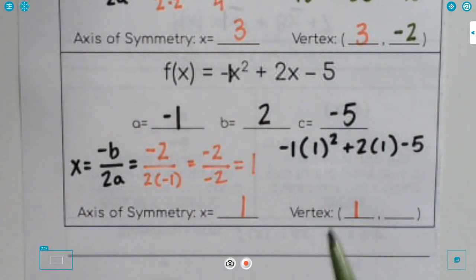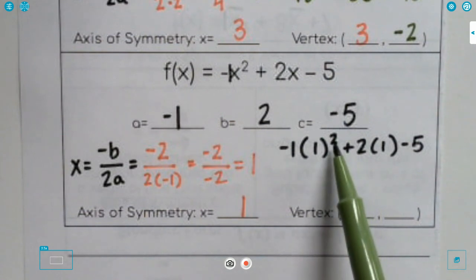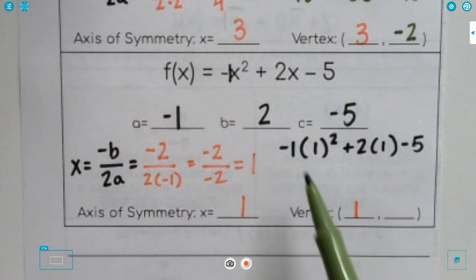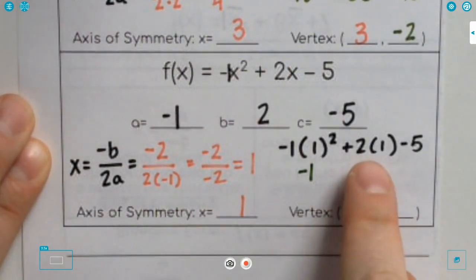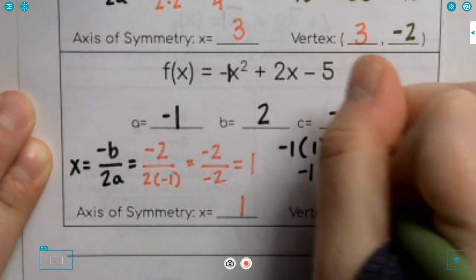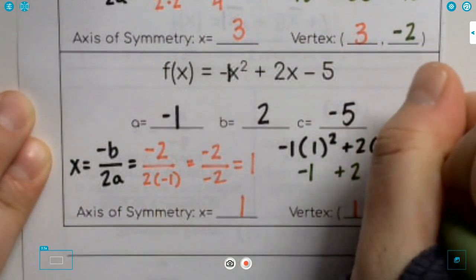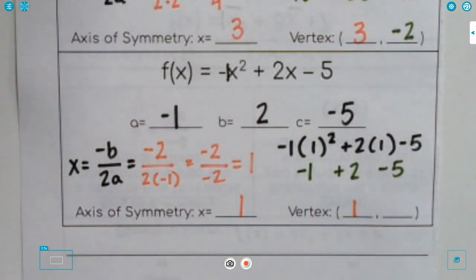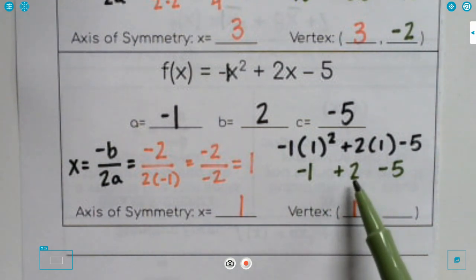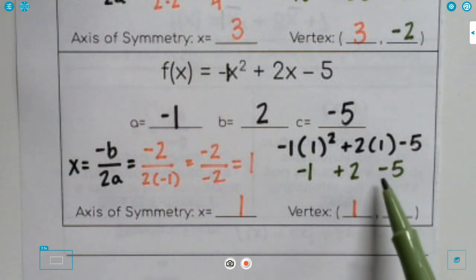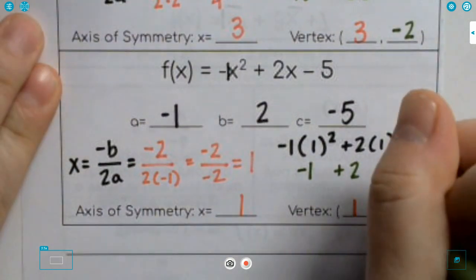If I do it by hand, 1 squared, because I do exponents first, is 1, times negative 1 is negative 1. Plus 2 times 1 would be plus 2, minus 5. Negative 1 plus 2 is positive 1. Positive 1 minus 5 is negative 4.